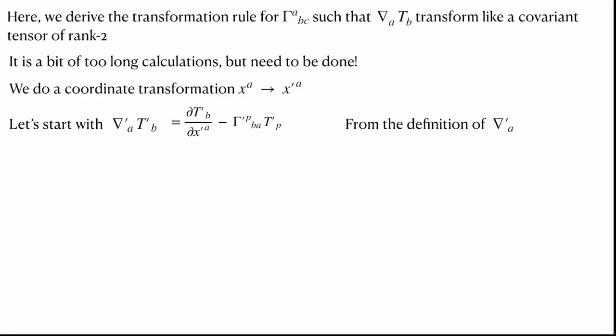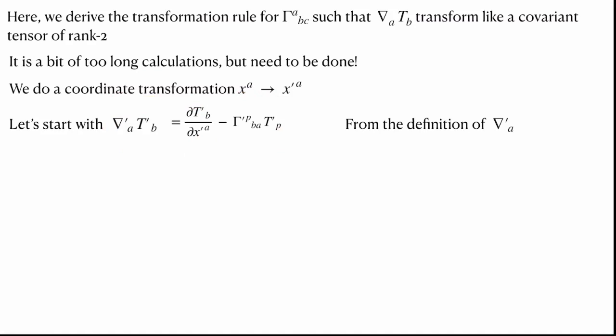In that coordinate system it can be written as the partial differential of a component t prime b with respect to the coordinate variable x prime a, minus a connection coefficient in that coordinate system, gamma prime with the three indices, times the tensor component t prime p. This is the basic definition of a differential operator, which should be valid in each and every coordinate system, whether it is x prime or x.